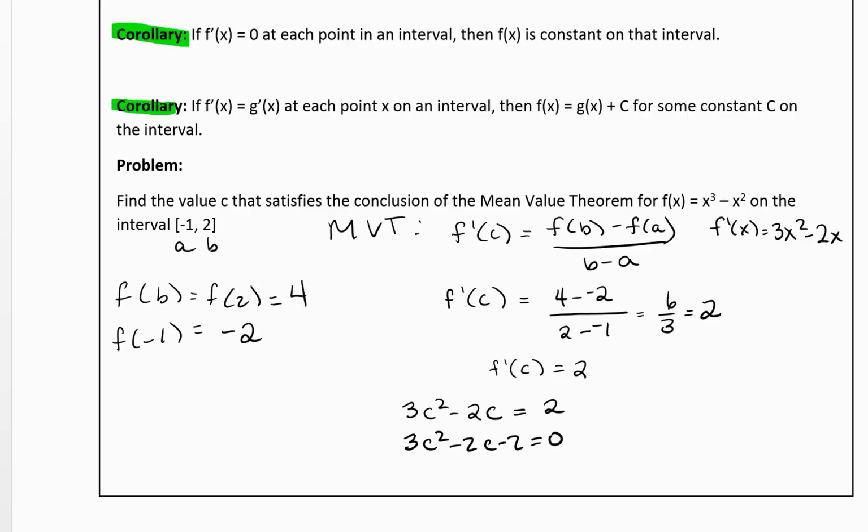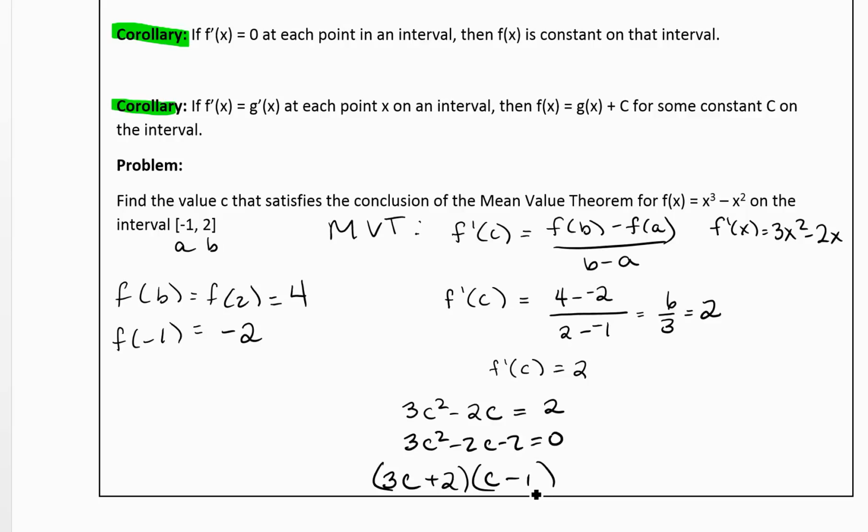We can try to factor it. So we'd have 3c and c. Now we need two numbers that multiply to get 2. So let's try minus 2 plus 2 minus 1. That would give us 3c squared minus 3c.